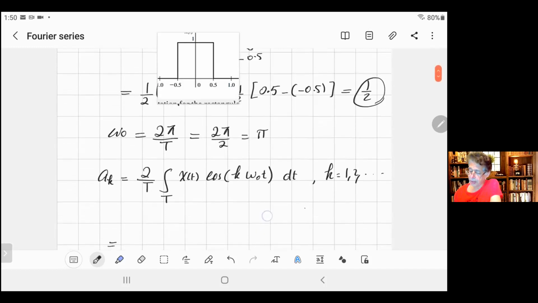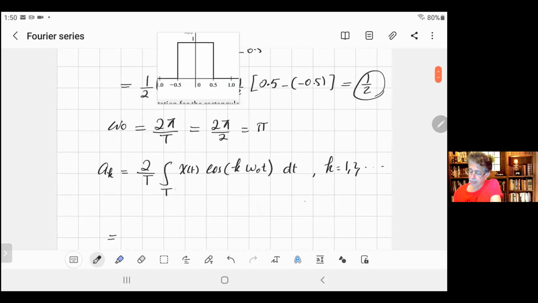All right. Now, let's just modify this expression. First of all, the period T will range from -1 to 1. And since x of t only has value between -0.5 and 0.5, and the rest is equal to 0, the limits of integration will be modified to -0.5 to 0.5. I will say here, -0.5 to 0.5.